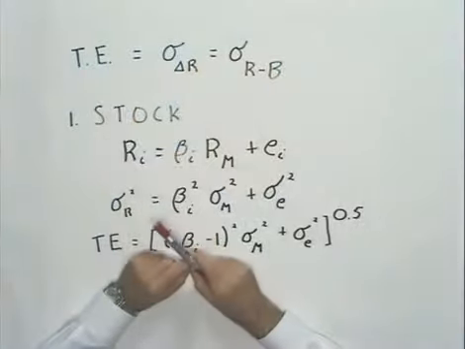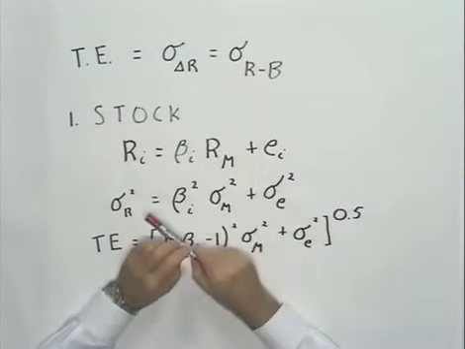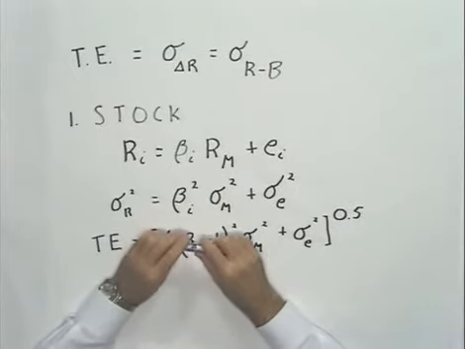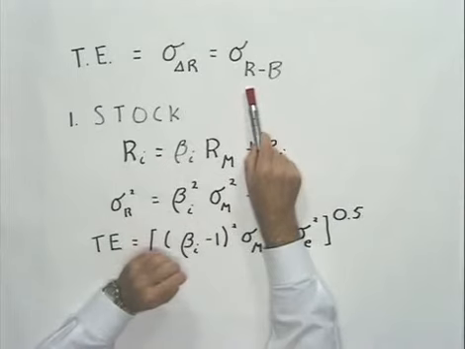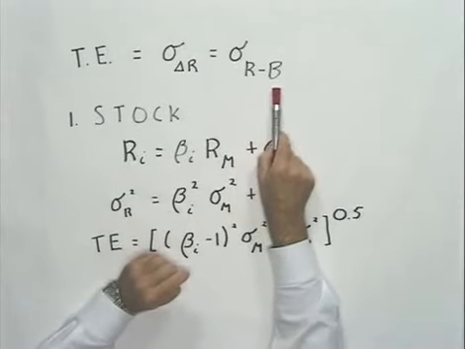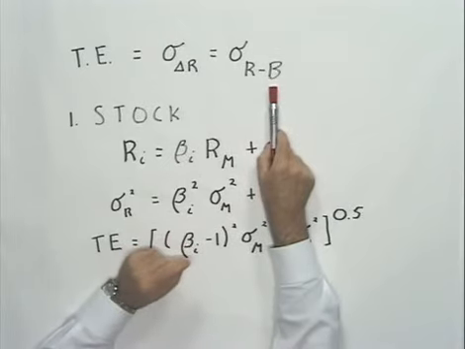One alternative risk measure is to look at tracking error, TE. It's a change in the return standard deviation, where we're looking at the return on the portfolio in relationship to the return on a benchmark, and the benchmark could either be a market index or a style index.